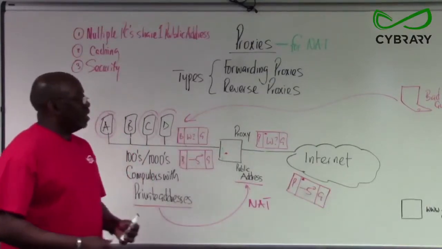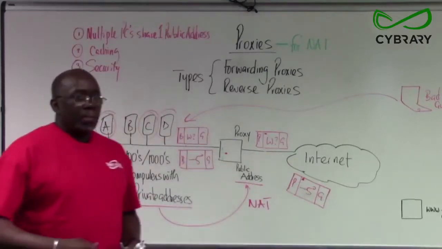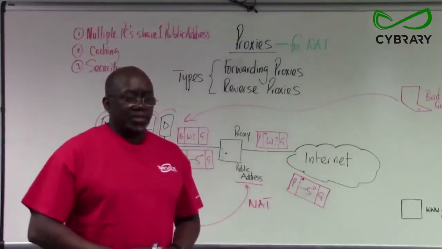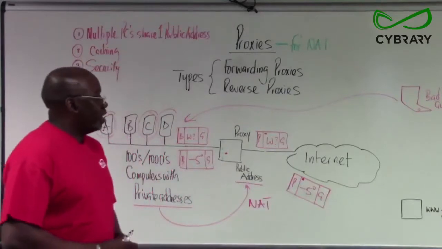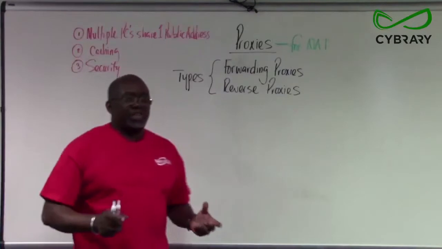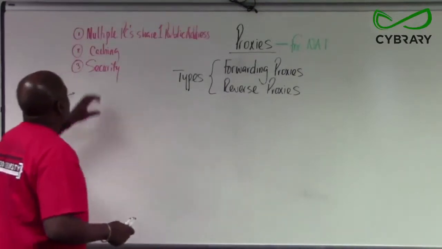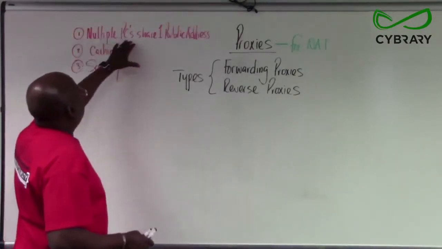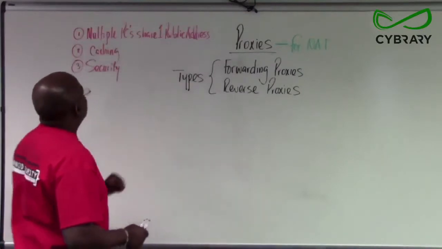This allows us to limit how public addresses are issued to organizations without the fear of running out of public IP addresses. Network address translation allows multiple computers to share a public address.